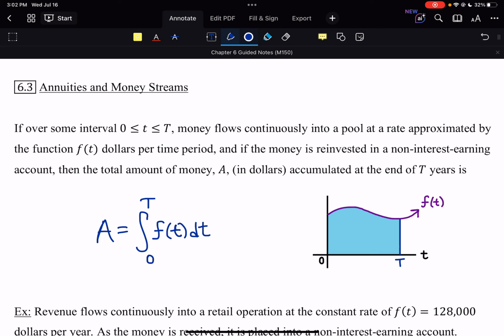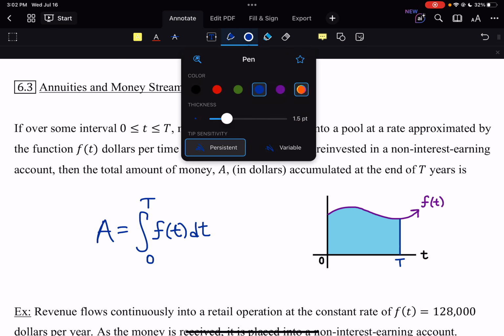Little t is our variable that represents time, and capital T is a specific value that represents the stopping time. Okay, so you can see I have a little diagram for us over here.